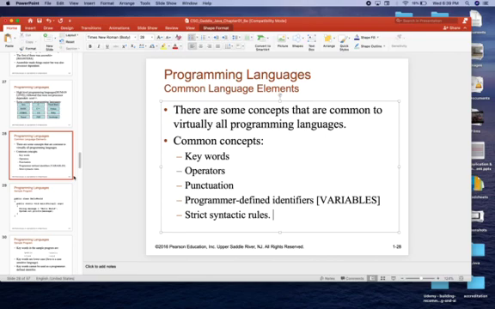For example, in C, if you want to print, you use printf. The f is supposed to be lowercase. That is, this entire object is supposed to be lowercase. If you capitalize this, you have a syntax error because it did not follow the structure of the code. So that is literally a syntax error.